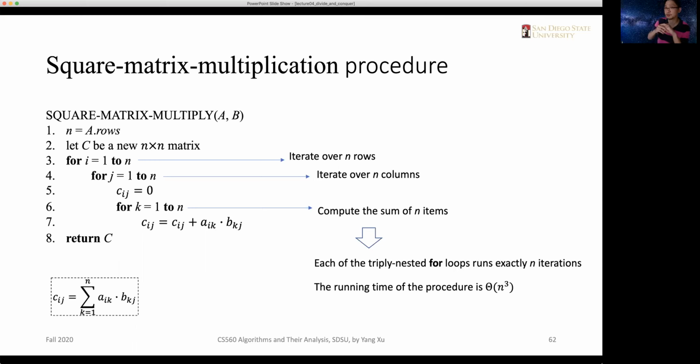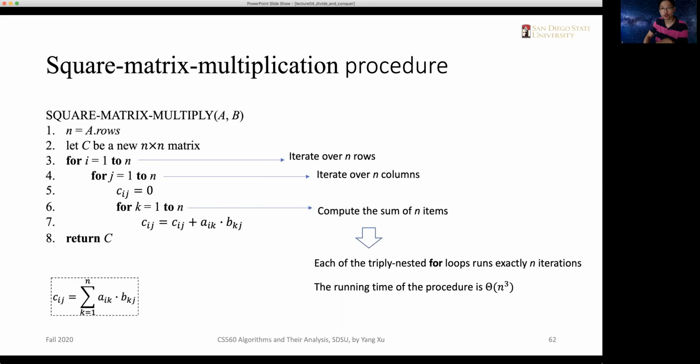We know that one for loop is a linear running time, and a two-layer for loop is a quadratic running time. So the triply nested for loop is basically a cubic running time, and it's a function of n to the power of 3.